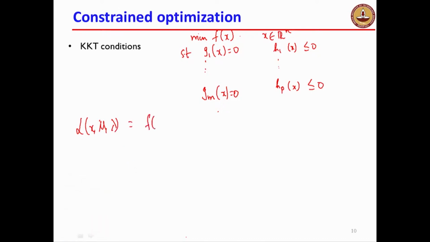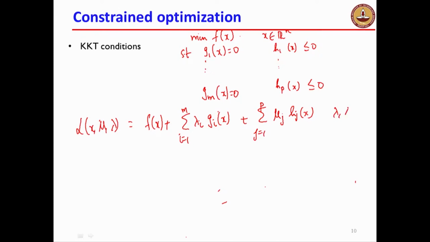This is equal to f of x plus sigma lambda_i g_i of x, i goes from 1 to m, plus sigma mu_j h_j of x, where j goes from 1 to p. So, there are m Lagrange multipliers corresponding to the equality constraints. There are p Lagrange multipliers corresponding to the inequality constraints.